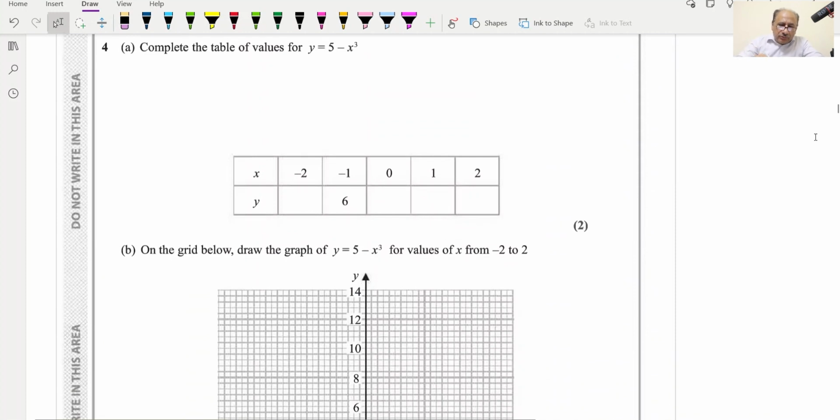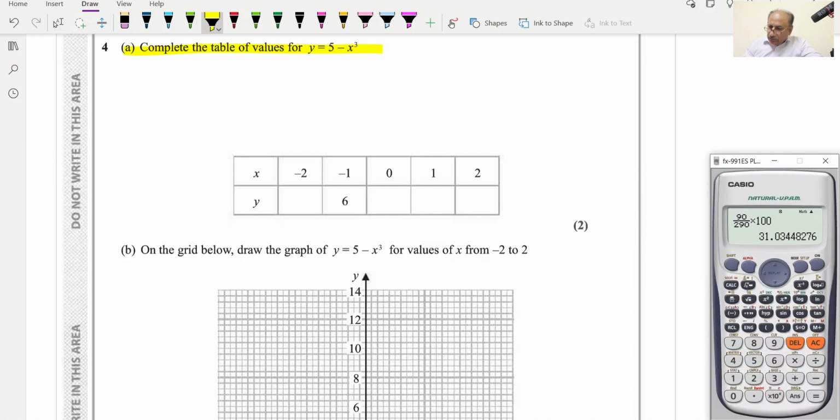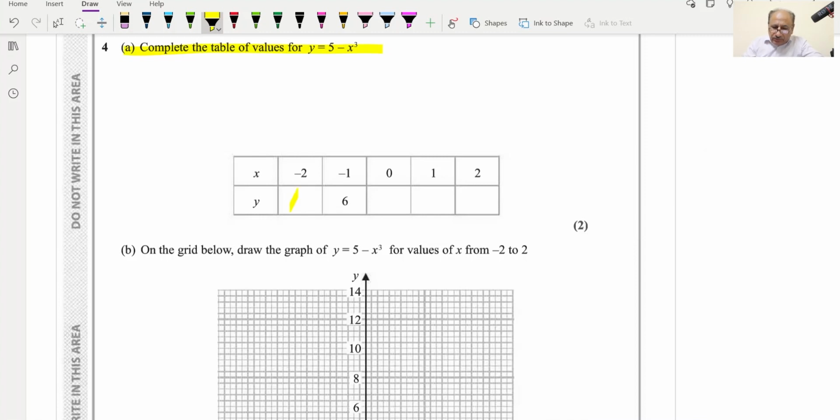Question number 4 says complete the table of values for y is equal to 5 minus x cubed. If we replace the values, we can use the calculator for this. So 5 minus x cubed, calculating for minus 2, we will get the value 13.